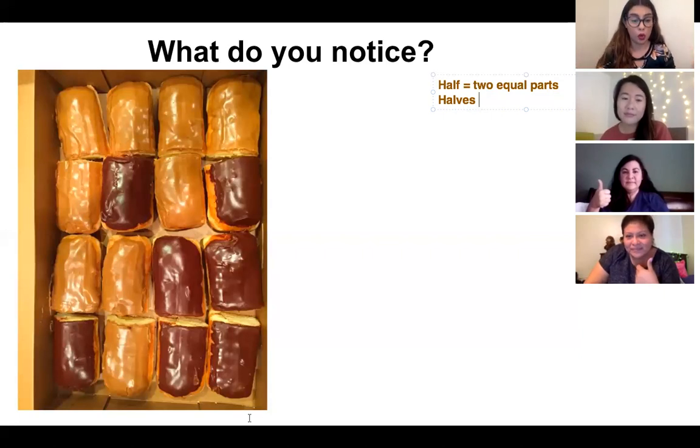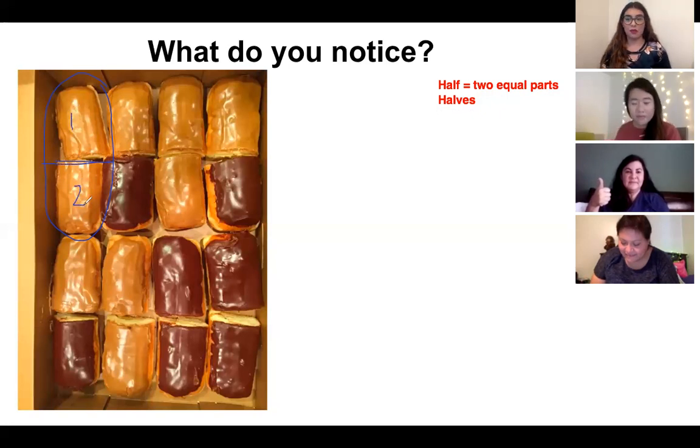And remember, a whole, and I'm going to circle that for us, a whole would be this entire donut. So we see this one perfectly. That would be a whole donut, but it's cut in half to make 2 pieces, one here and a second piece there. Beautiful.